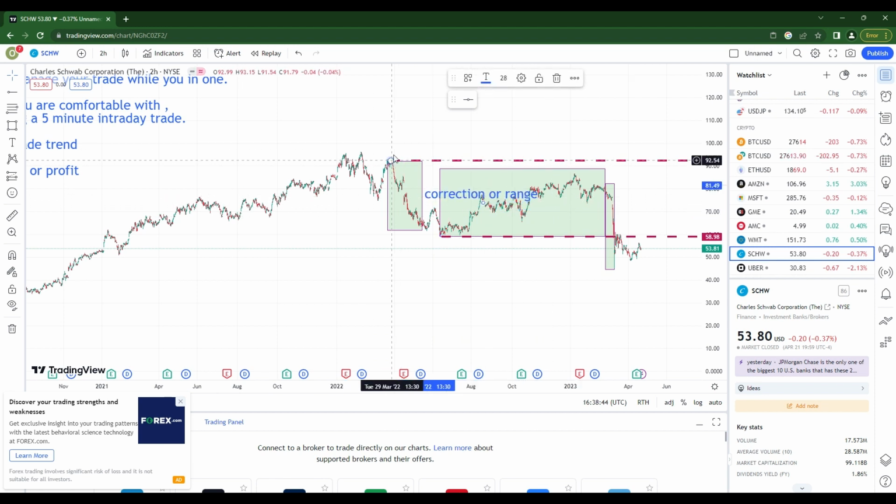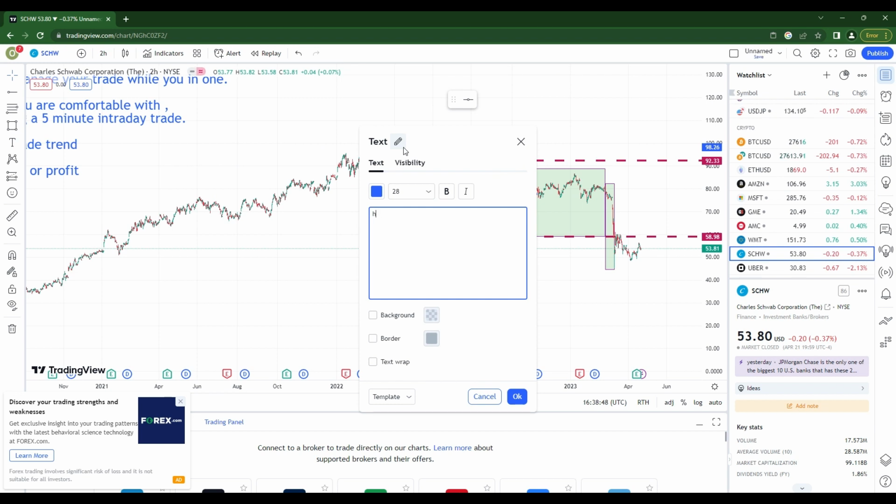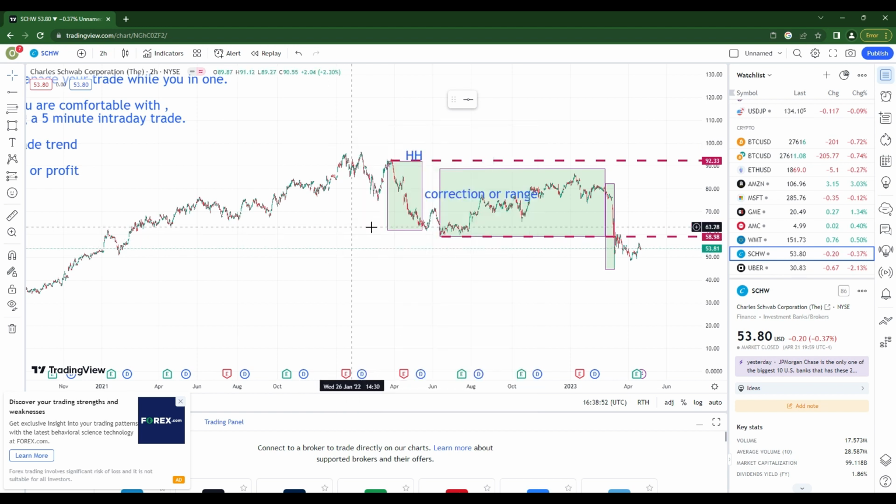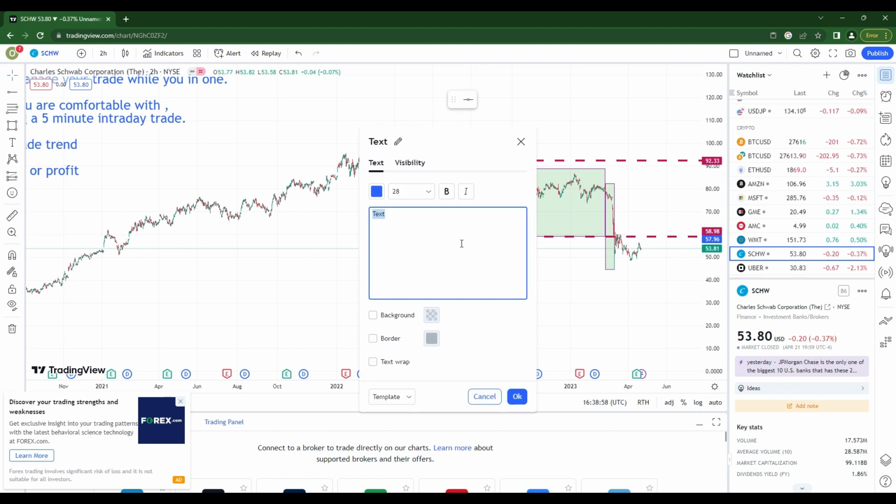This is a swing high, high, high, high. It's right there. And I'm going to put up lower lows right there.